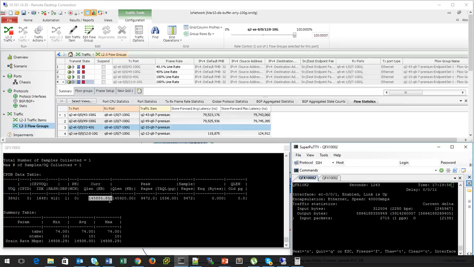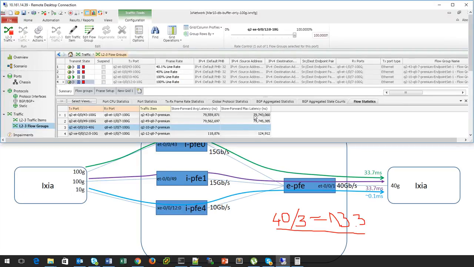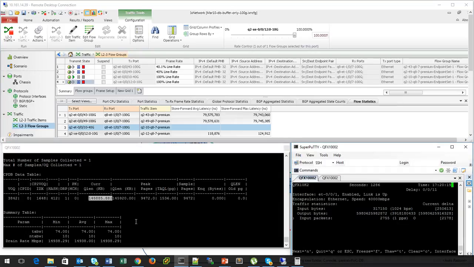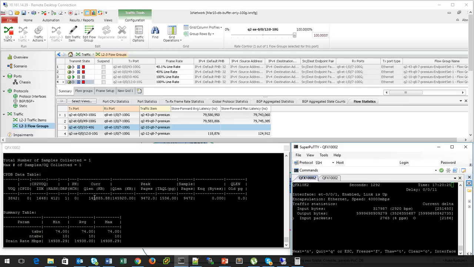If I said here 150 meg, give me 150 meg on each ingress packet forwarding engine. Because of that, the latency has gone up. It has gone up because now the buffer is much bigger and the drain rate is the same. We see that the drain rate is 15 gig, the buffer is now 150 meg, and the latency has gone up.